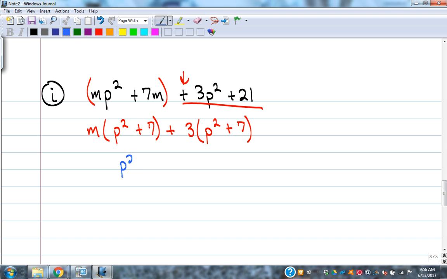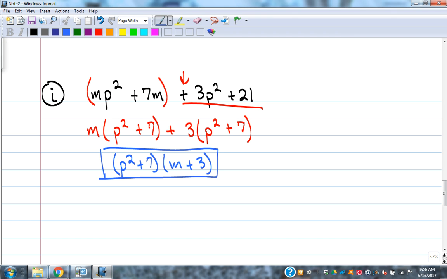So we got p squared plus 7 and m plus 3 as the factored form of that. And again, that could be rewritten m plus 3, p squared plus 7. Those are the same.